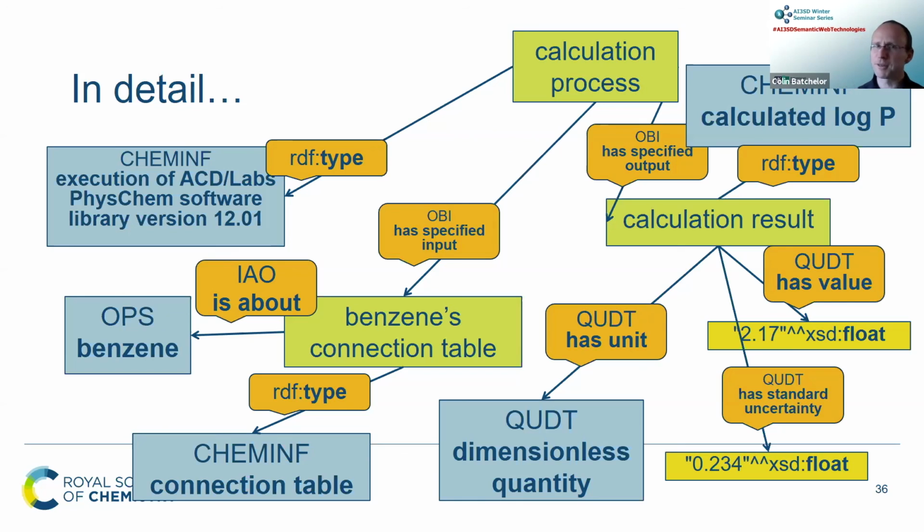But there's all sorts of other things you want to capture about that, like the uncertainty, like what the units are, how you got from benzene to 2.17. So this is one of the reasons why the files were so big, because even something as simple as that doesn't have a simple representation when you have to explain yourself properly.